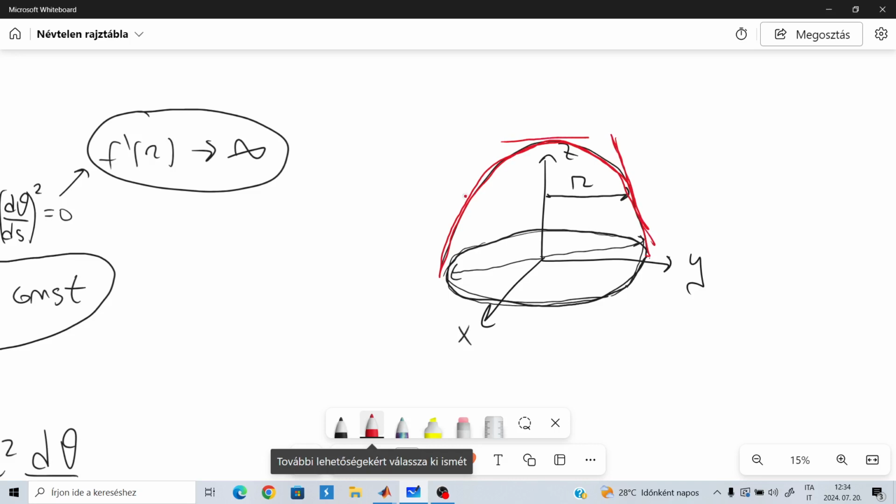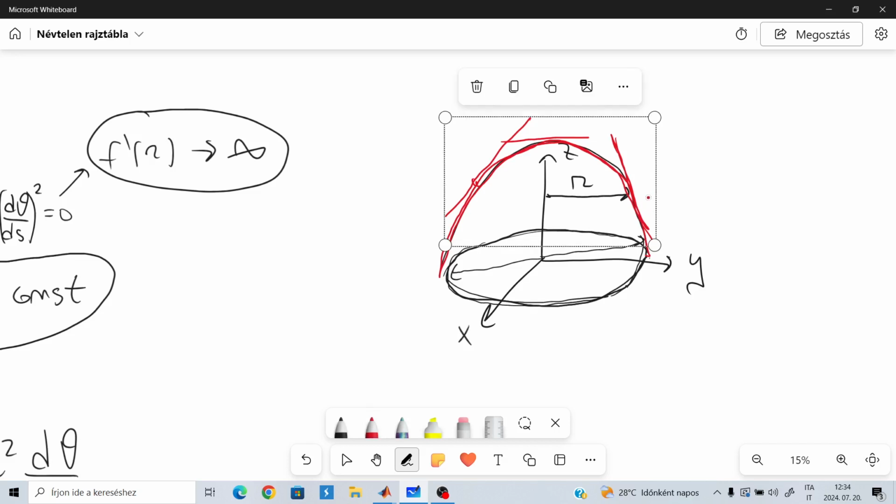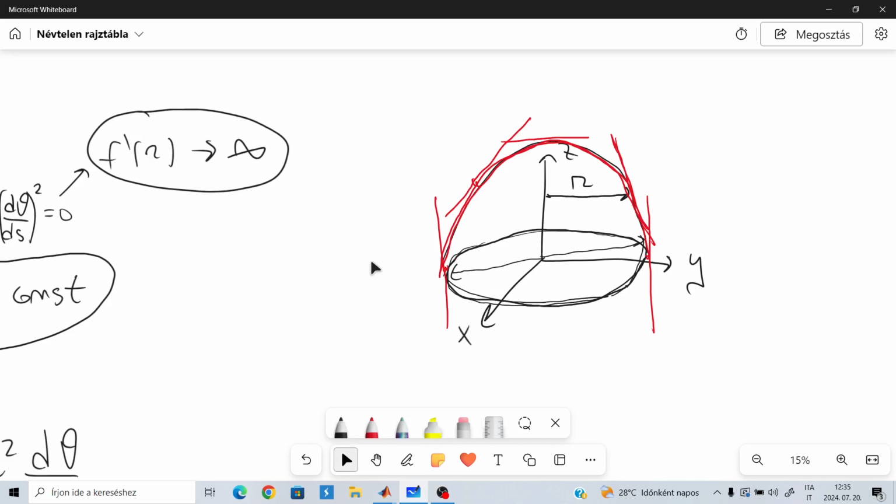So the only way to make this slope infinite is when we are here on the equator. This is just a simple sketch, but you can understand why in general parallels are not geodesics, whereas meridians are geodesics.